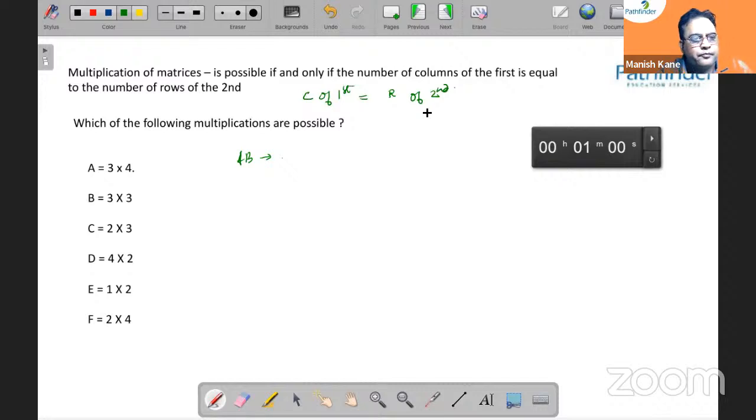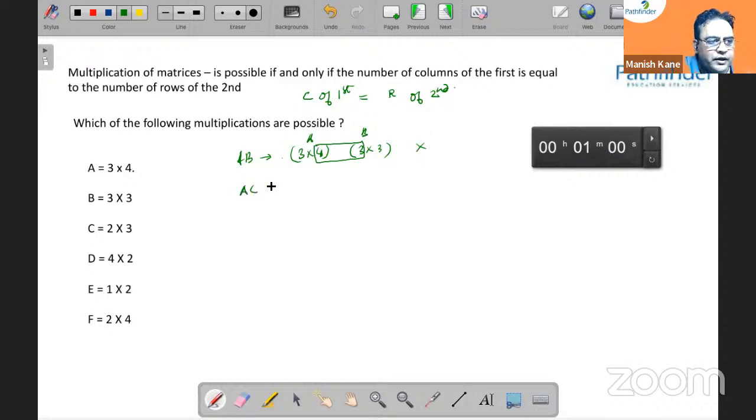That's the rule. That's the plain simple rule. So columns of first. So for AB, 3 by 4 is A. And what about B? B is 3 by 3. Now these are not equal. So this multiplication is not possible.